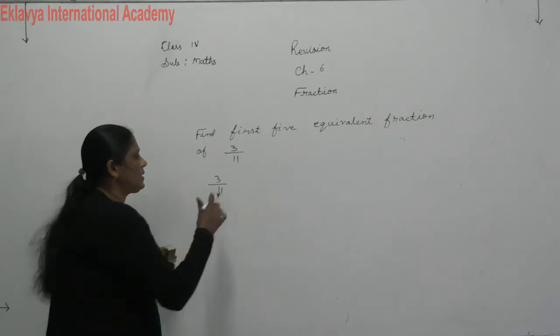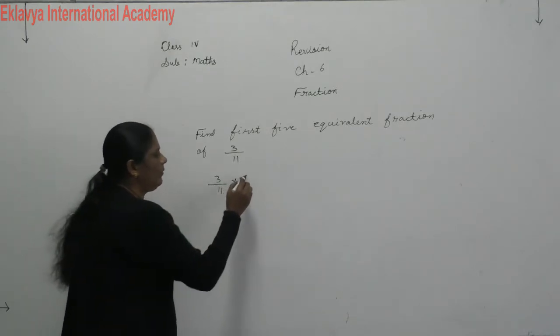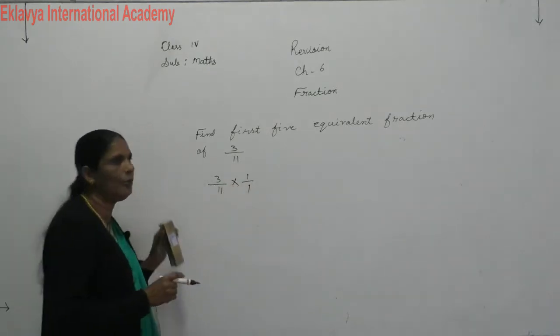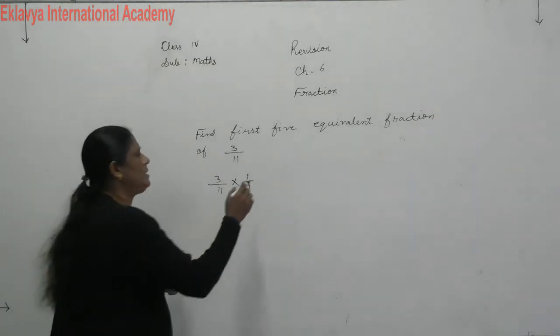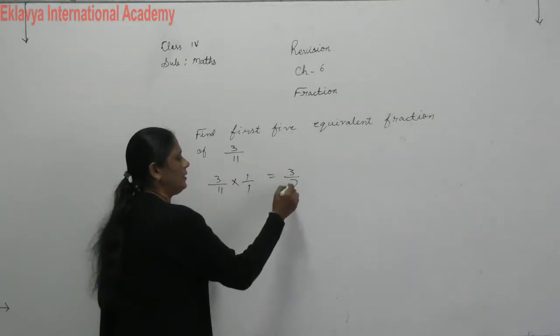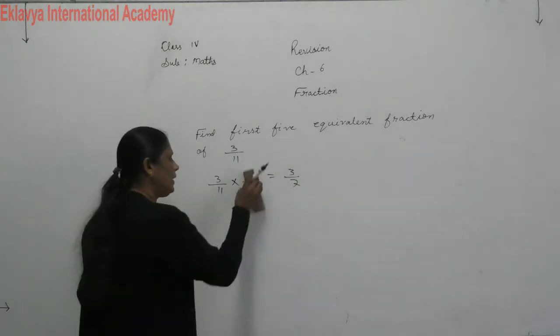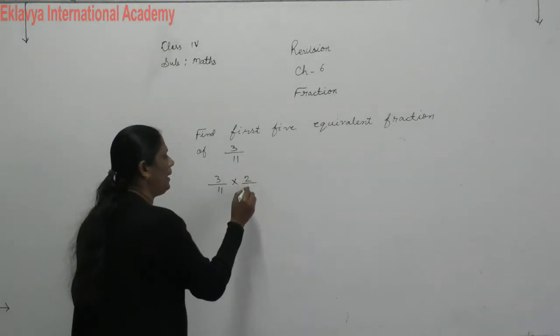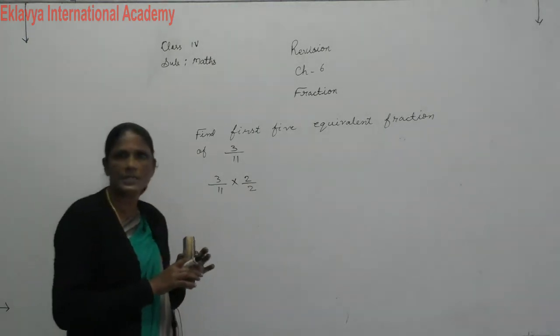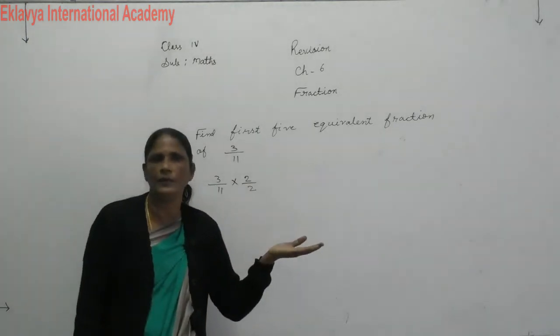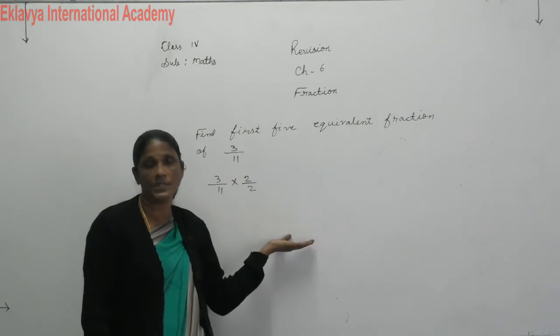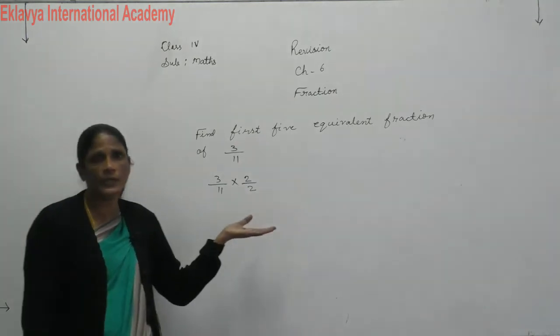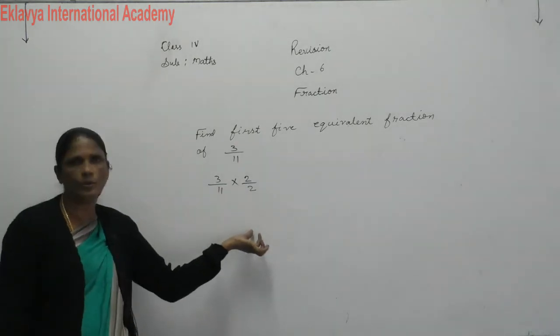Here first we could multiply by 1 by 1. Why do you not take 1 by 1? Because we get the same fraction. Therefore we start with 2 by 2.